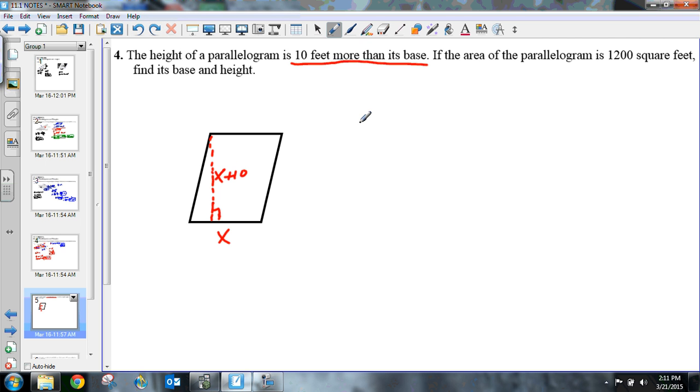All right? Now I know that my area is equal to the base times the height. Now I know that my area is 1,200. I know that my base is equal to x. I know that my height is equal to x plus 10. So what I can do is substitute those values into my formula, and I get an area of 1,200 is equal to my base.